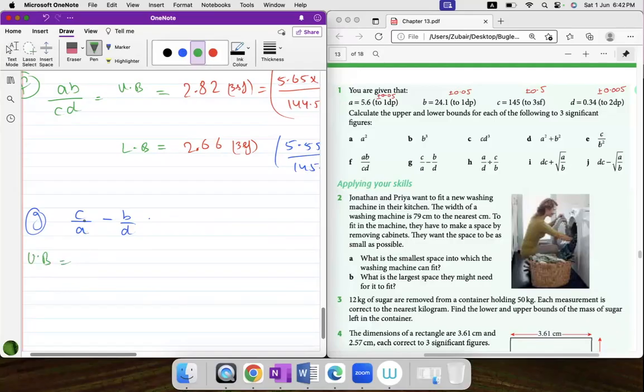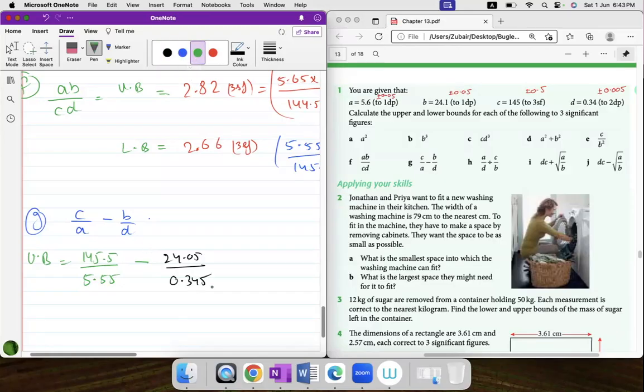To get higher value, I am using higher value C, and lower value of A, 5.55, minus B. Lower value for B is 24.05 and higher value for D, 0.345.